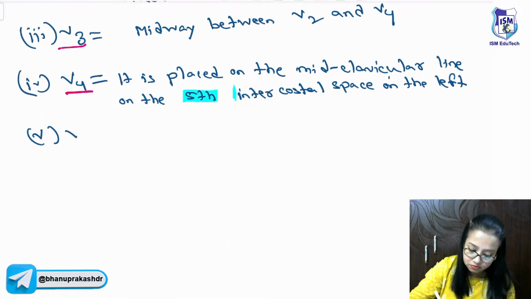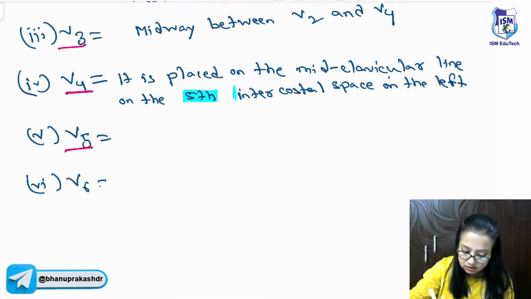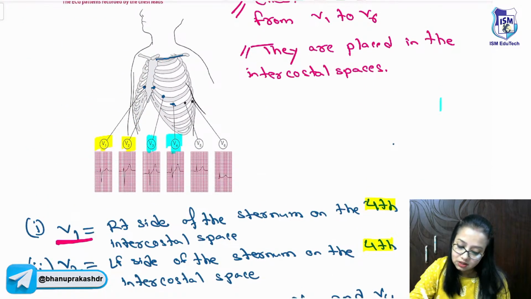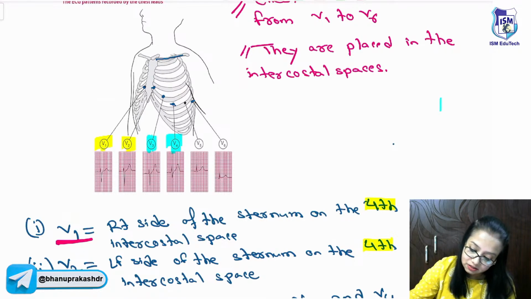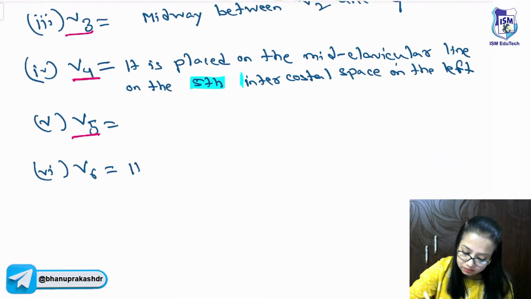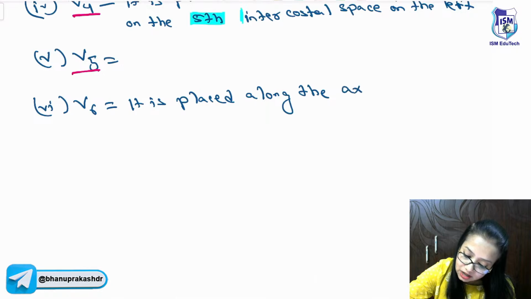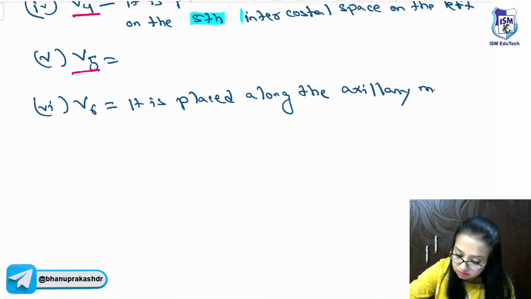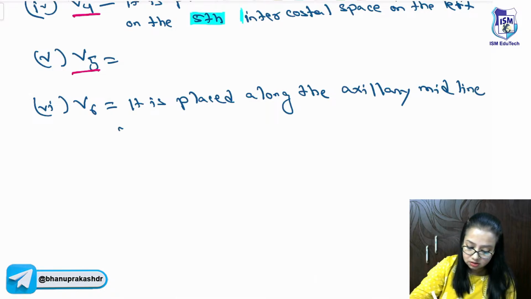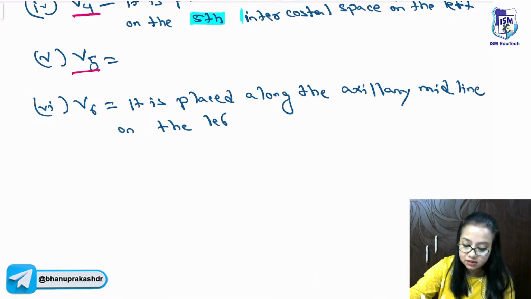Again, before V5, we place V6. So, going back to the picture, V6 is the mid line from the axilla. It is placed along the axillary mid line on the left.